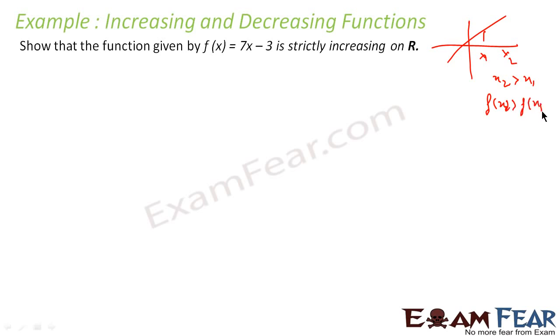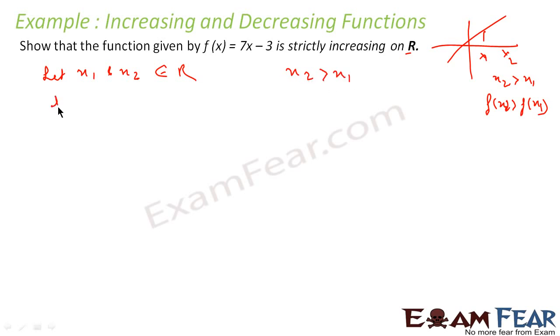Correct? If this is true, the function is strictly increasing. So let x1 and x2 be 2 points in R, because R is the interval here, and x2 is greater than x1.